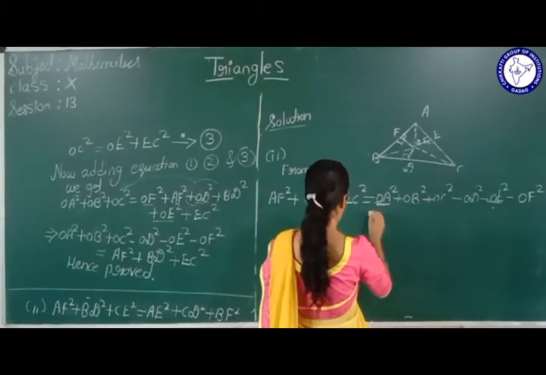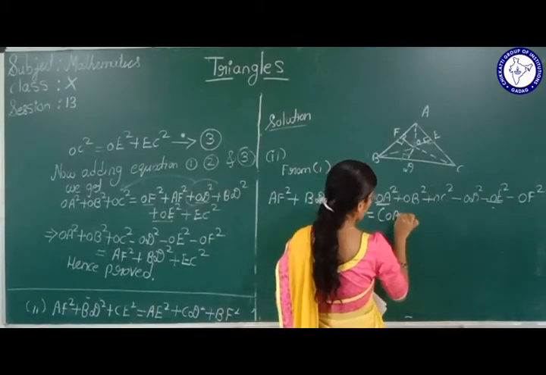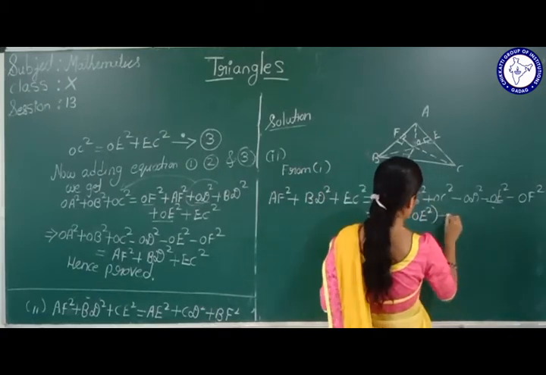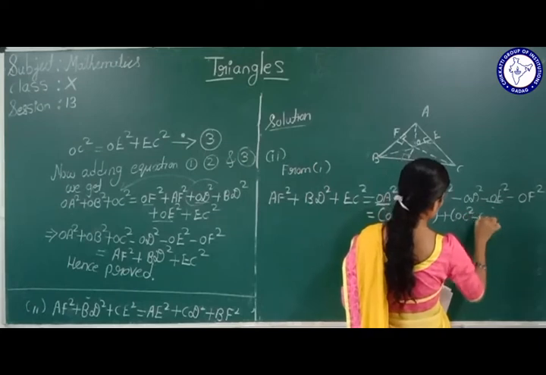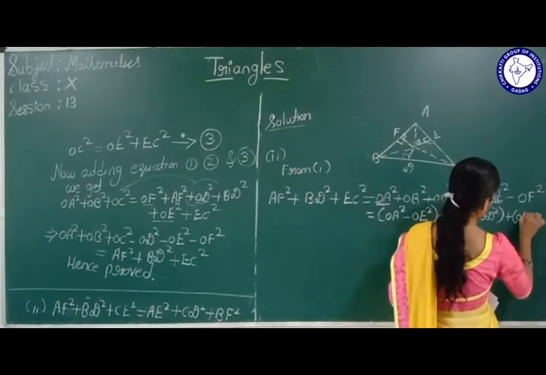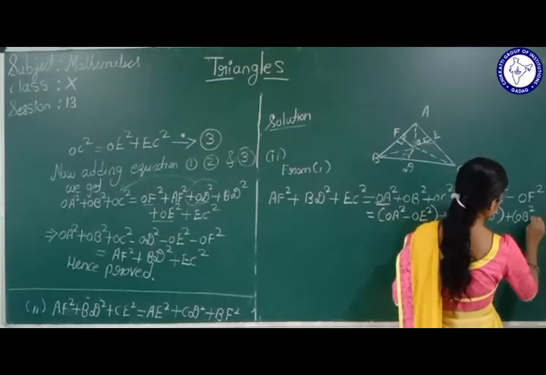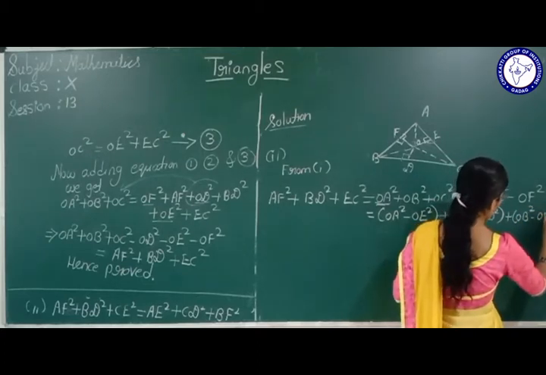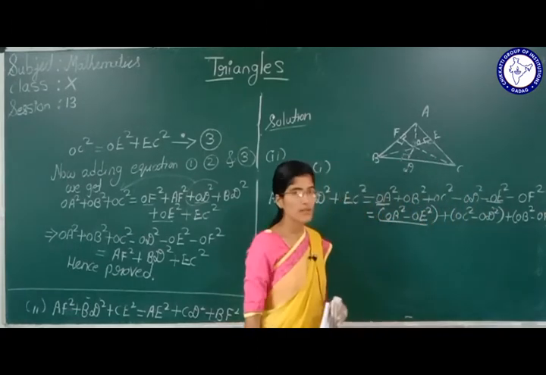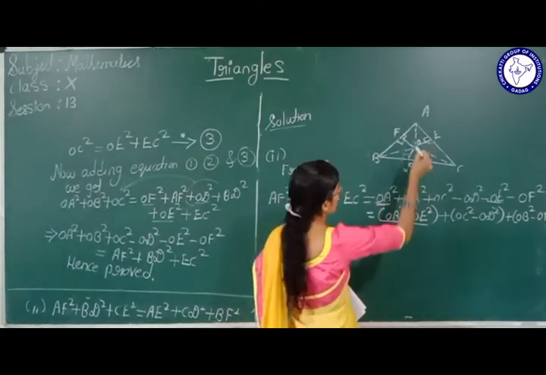Now see, group this: OA square minus OE square plus OC square minus OD square plus OB square minus OF square. Okay, we will group like this. Now see here, OA and OE will belong to which triangle?